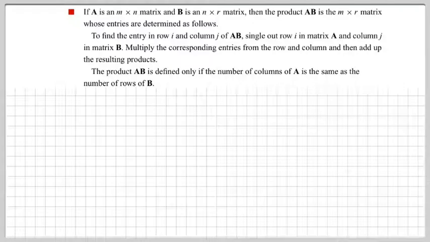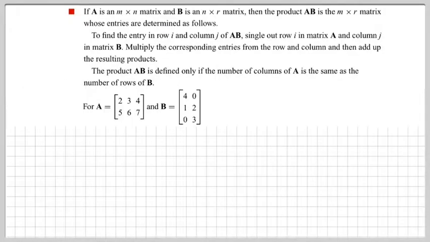The product of A times B is defined only if the number of columns of A, this is really important, is the same as the number of rows in B. I'll show you that in a minute. Do you see this? This has got 2 rows, 3 columns, so it's 2 by 3. This is 3 rows, 2 columns, that's 3 by 2.